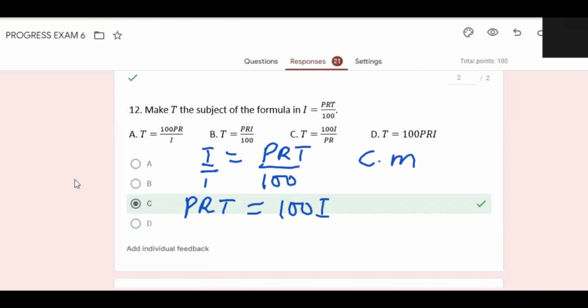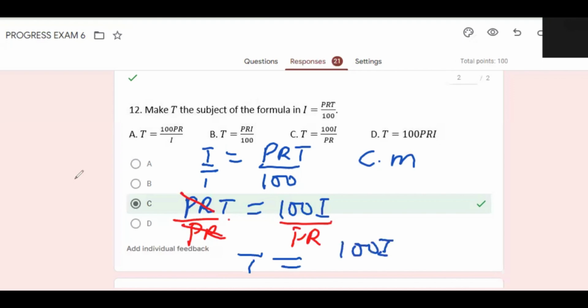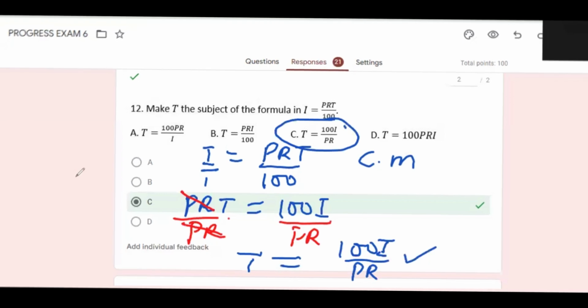So this and this will go. We simply have T equals 100I divided by PR. That's the value for T, which is C. That's correct.